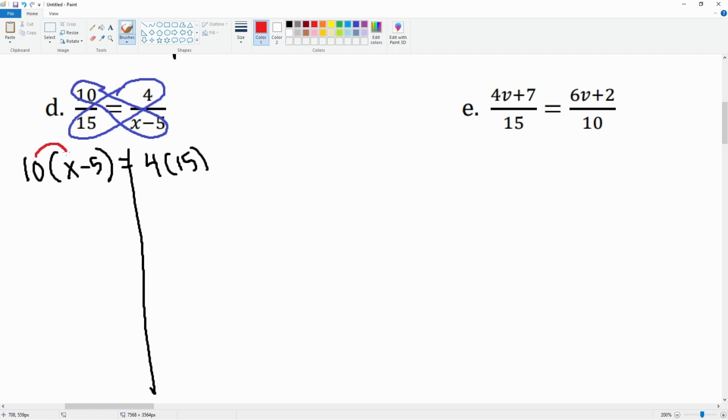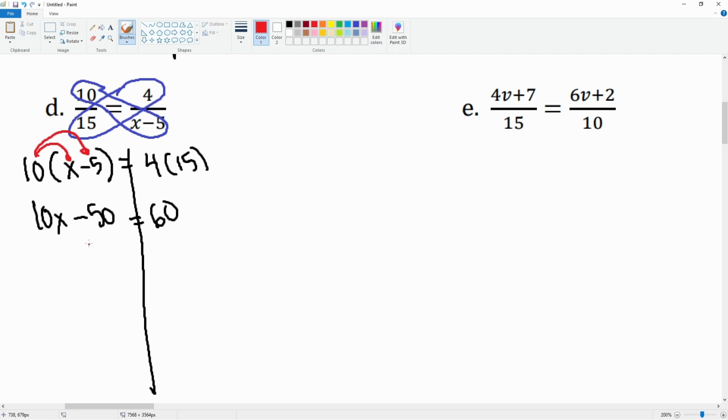So we have 10 times x, which is 10x. Then you have your 10 multiplied to the negative 5, that is going to be negative 50. Bring down the equal sign here. What is 4 times 15? That is 60.